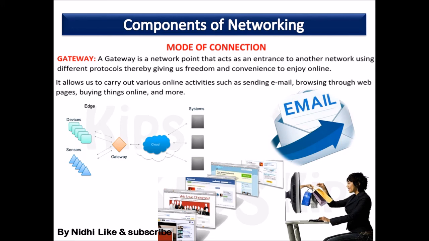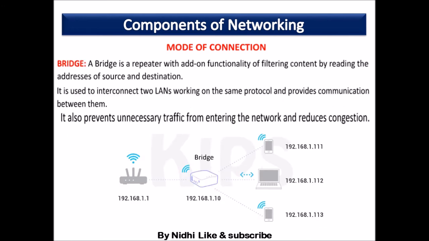The next mode of connection is the bridge. Bridge means, like a bridge on a river, it connects similar types of networks, like the two shores. A bridge is a repeater with the add-on functionality of filtering content by reading the address of source and destination. It is used to interconnect two LANs working on the same protocol.